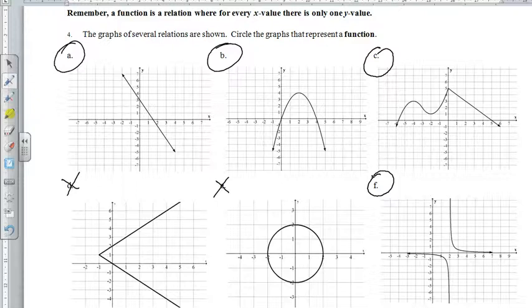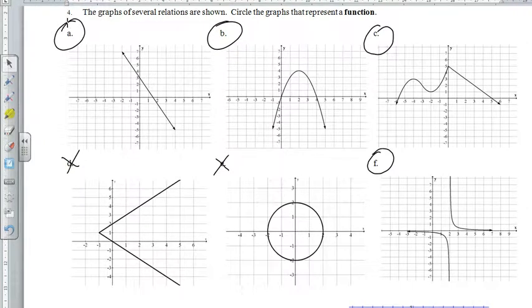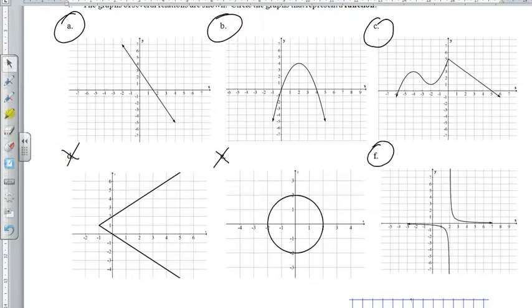But there is no value of x there. You can't say when x is 2, because there's no value for that. It's a little hard to see, but you just have to get used to the idea that this is what an asymptote looks like. The curve is going to approach that line, but it never actually touches it or crosses it. Okay, so we have 1, 2, 3, 4 functions.